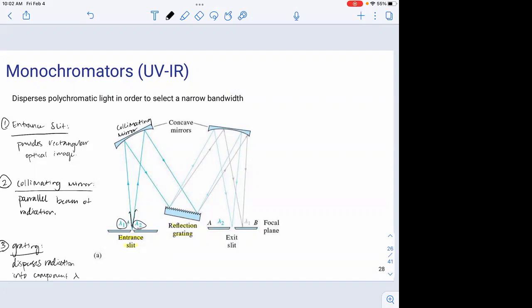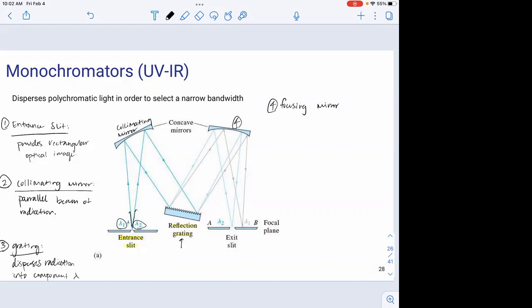All right, we're going to talk more about how this works to select wavelengths of light in the next slide, but we're going to continue on our general survey of what a monochromator is made up of. The next component is a focusing mirror. So a focusing mirror is really handy.